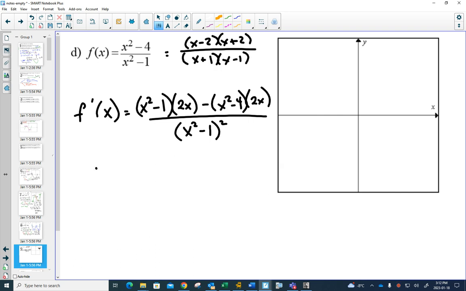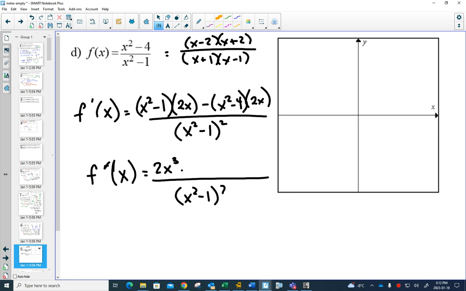Now, if I simplify this, f prime of x, I'm going to get on the top 2x cubed minus 2x minus 2x cubed plus 8x.